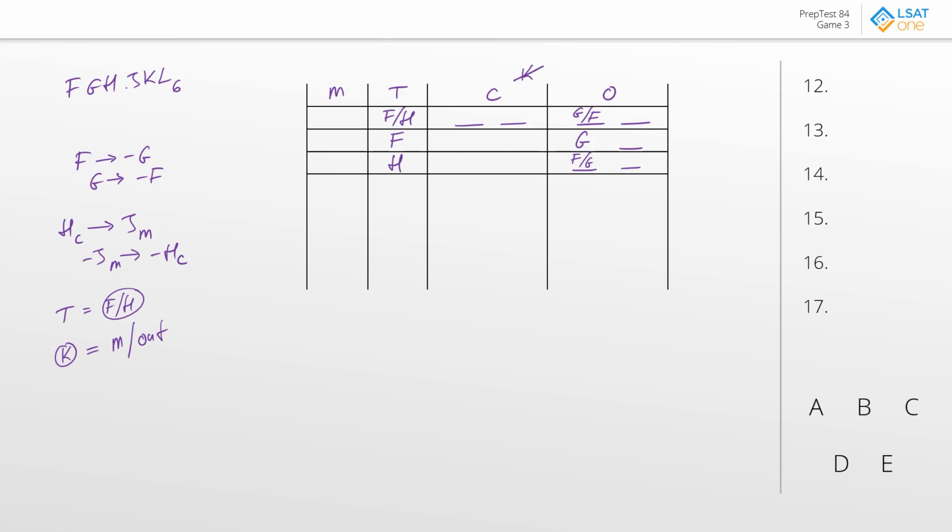In both of these cases, we know that if H was a counselor, then J would be the mayor, but then again, if H is not the counselor, it doesn't actually tell us what could happen or what has to happen, so that's also pretty open. K obviously still has to either be the mayor or out, but that's just as true as it's ever been, so it looks like we can't do much more. So from here, I guess we can jump into the questions.